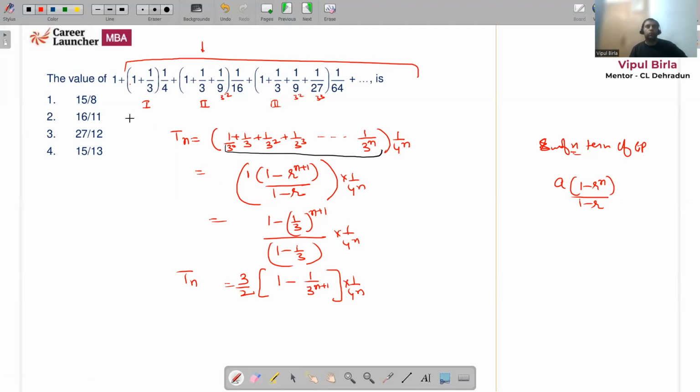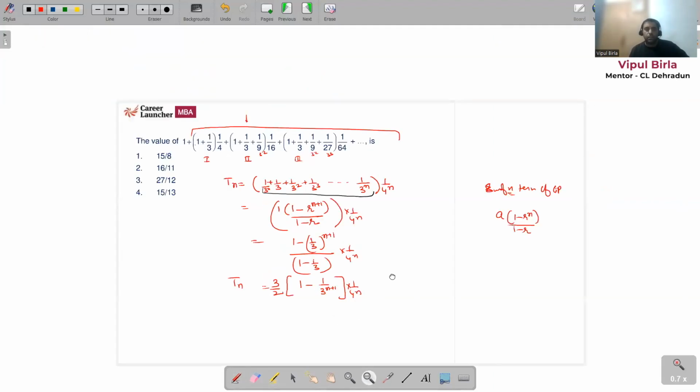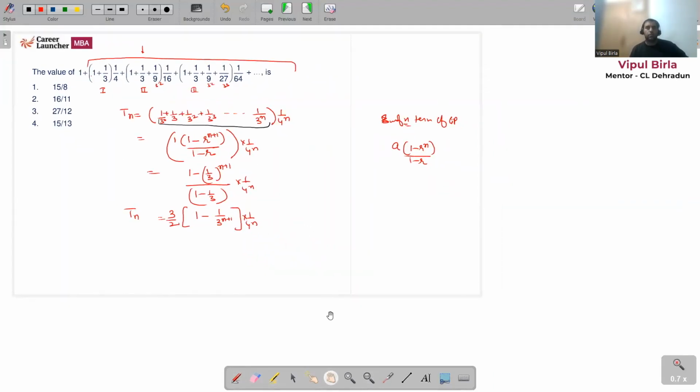Now what we are supposed to do is calculate the sum of infinite terms for this. Right. Now if Tn is there, we need to calculate the sum of infinite terms.